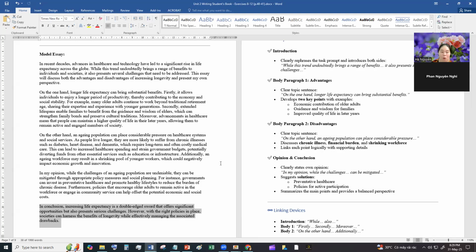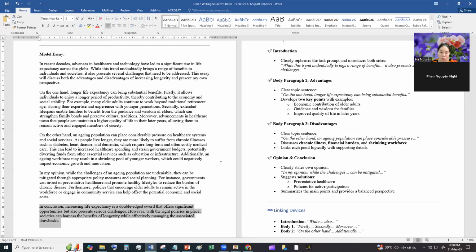Yes, good job. What about the disadvantages? The disadvantages are they can put strain on healthcare system, and as they live longer, they suffer from diabetes, and like my essay says, they require long term care, so it makes medical healthcare more costly.